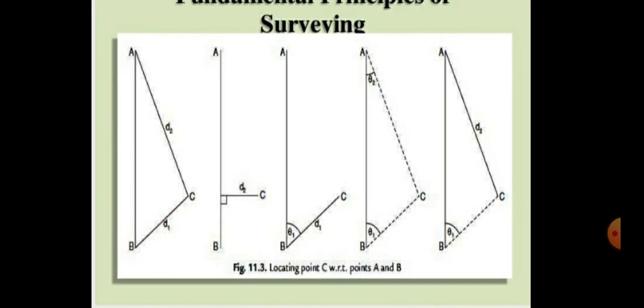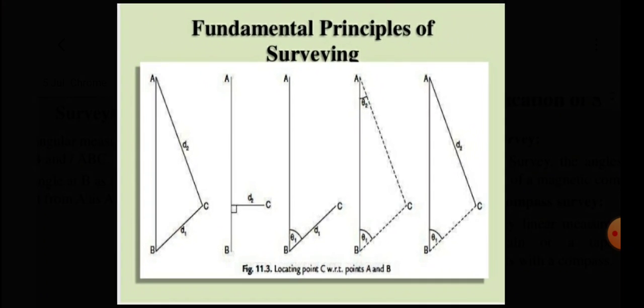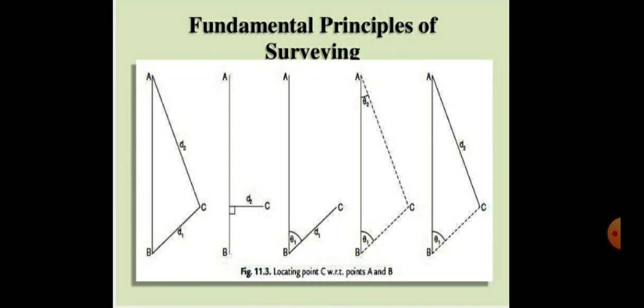So from these, with the help of reference points, you can calculate point C, the point which has to be known, with the help of these different linear and angular measurement methods.